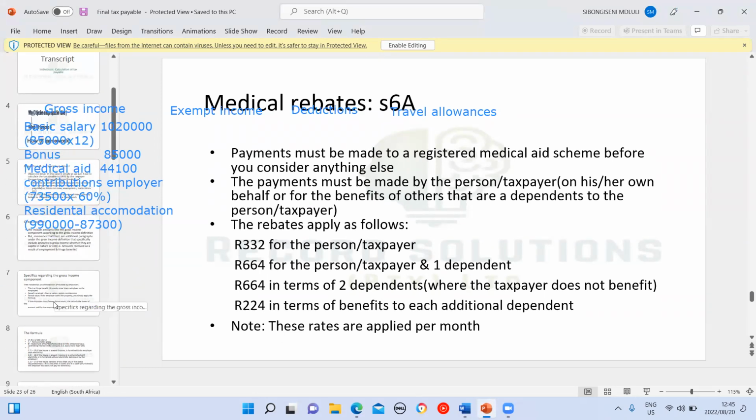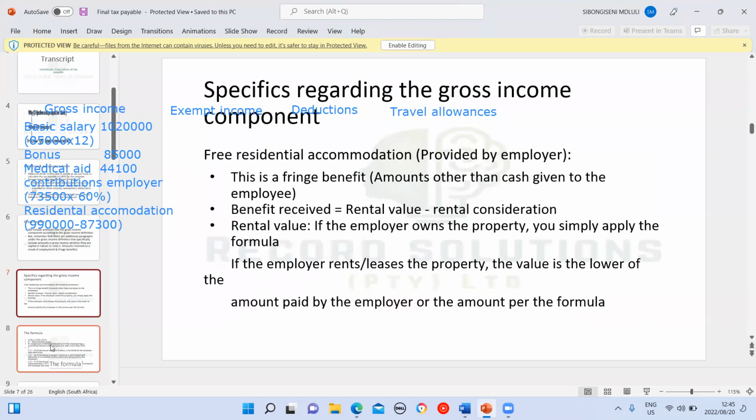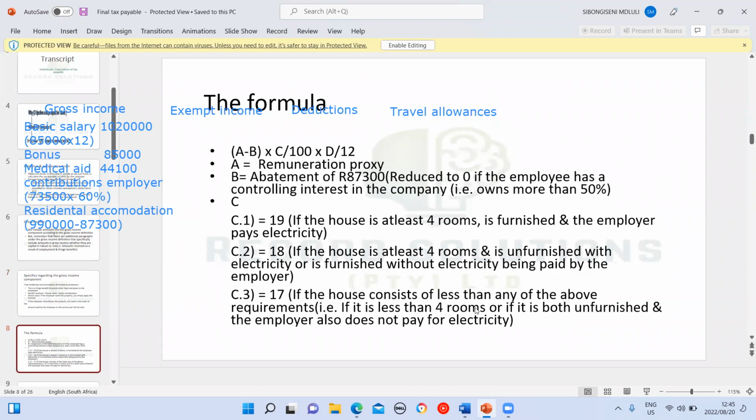What is this? C.3, remember? If the house consists of less than any of the above requirements, less than 4 rooms, or if it is both unfurnished and the employer also doesn't pay for electricity. But we are just stuck here. So less than 4 rooms or 3 rooms, so you use 17%.